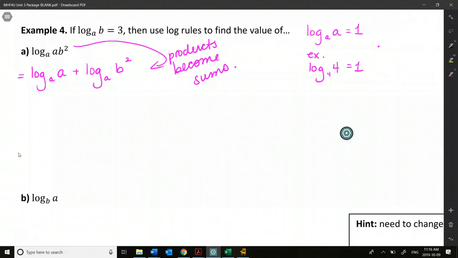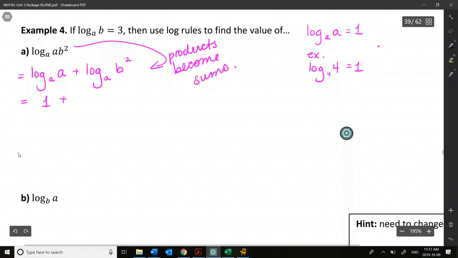Okay, now we just discussed this. Log base a of a, what's that equal to? 1. You're the one that told us about this. And I'm actually going to bring this down in front. We're going to use the power rule because I know what the log base a of b is equal to.